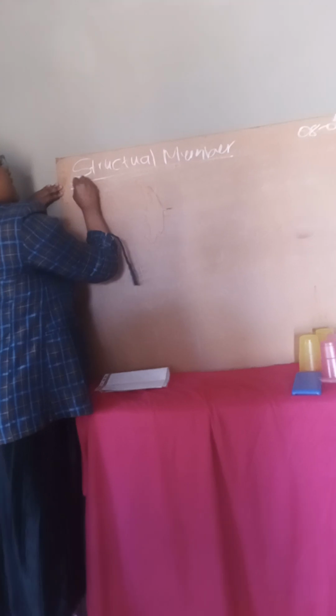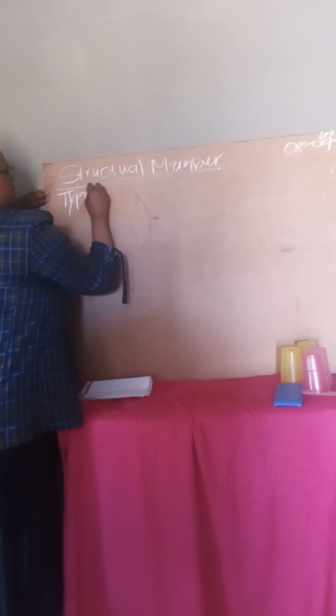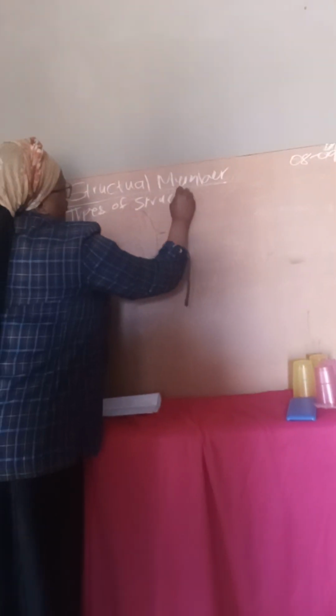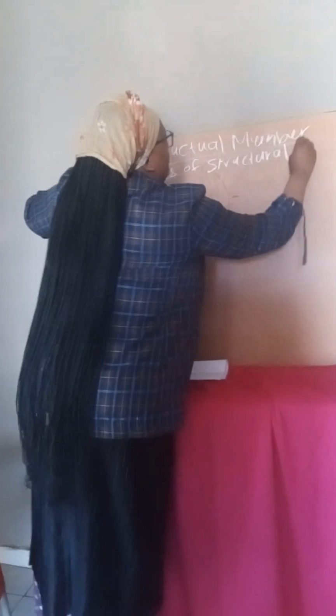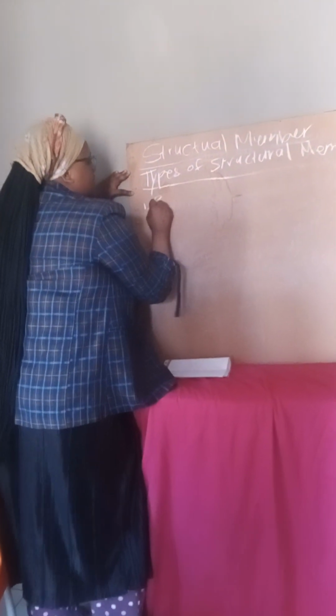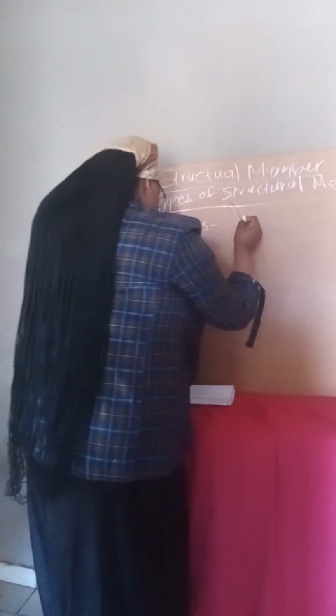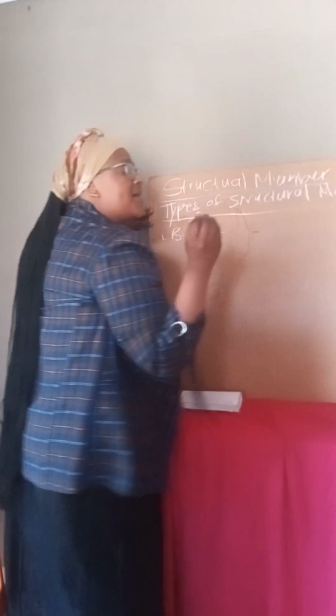We're going to be focusing on types of structural members. The first one we have is beams. Please follow my lead by copying from the board, and then I'll explain later.